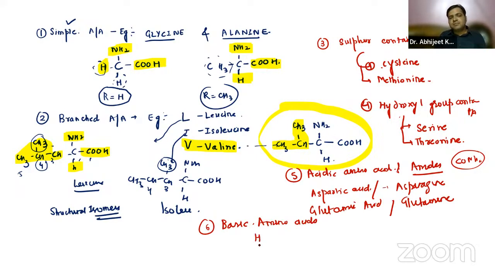Basic amino acids are histidine, arginine, and lysine. Then we have aromatic amino acids.